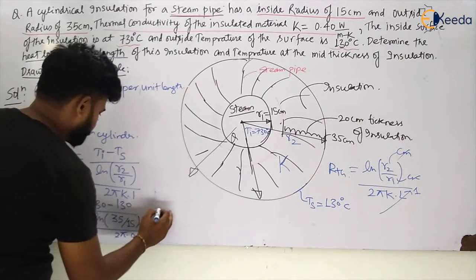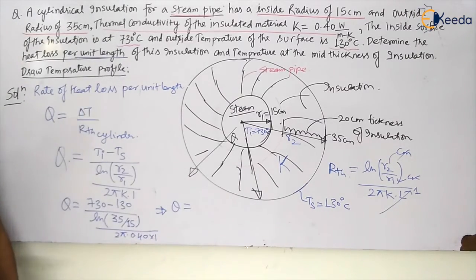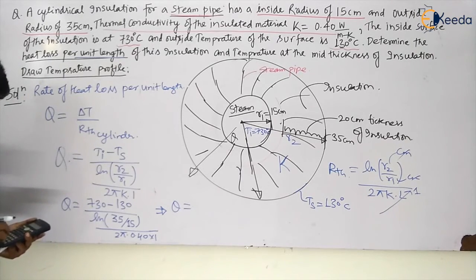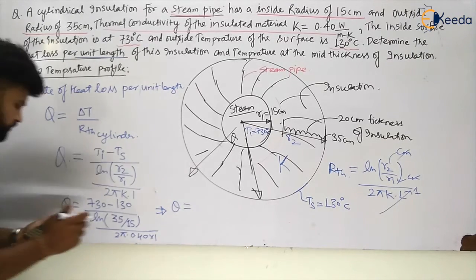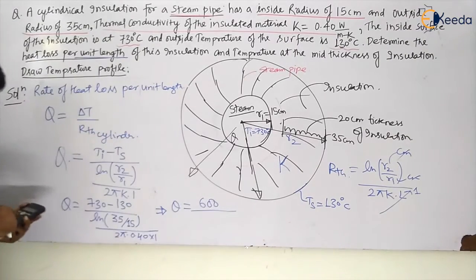So let us calculate it, my dear students. Q will be 730 minus 130, which becomes 600, divided by ln R2 by R1, which is 35 divided by 15, divided by 2 pi into K, which is 0.4.